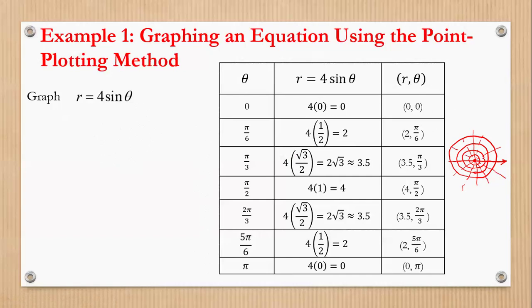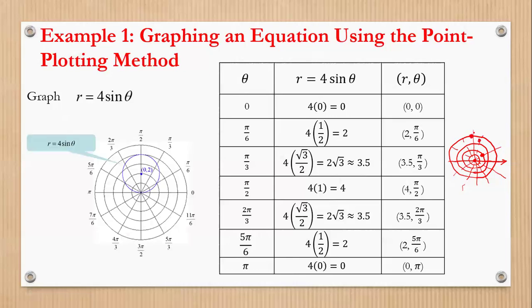So 2 and pi over 6 on the second circle. Then 3.5 and pi over 3, and 4 and pi over 2. So we just find the points, and you will see that we have this table.